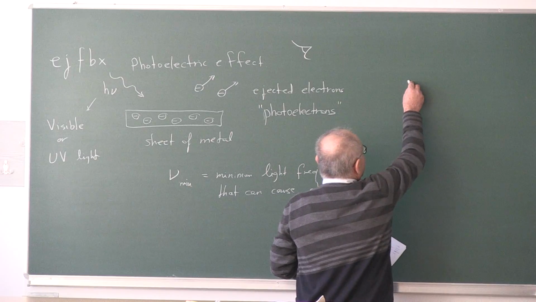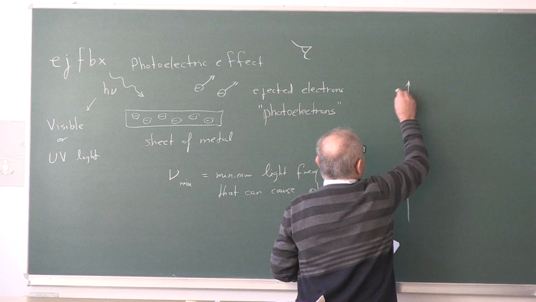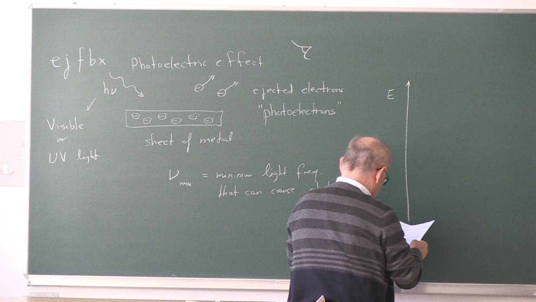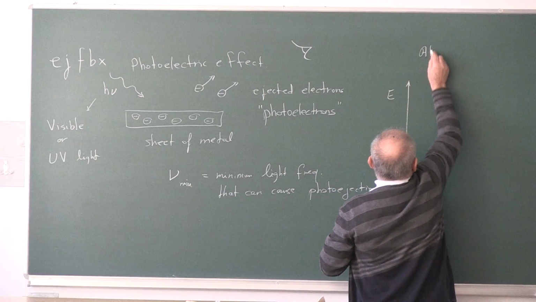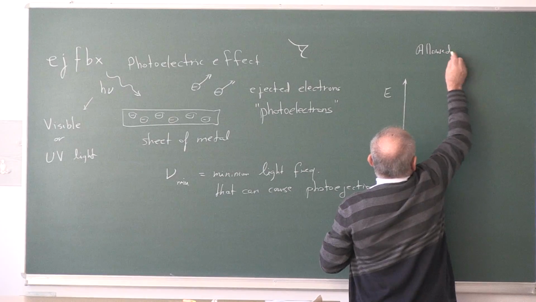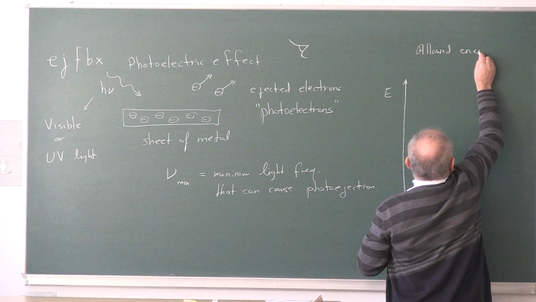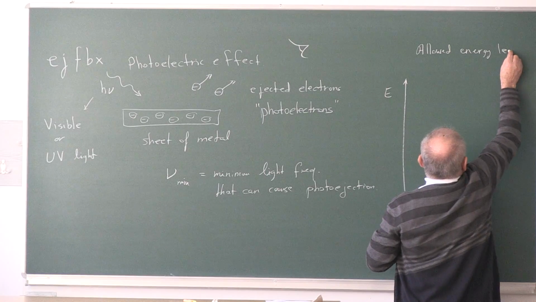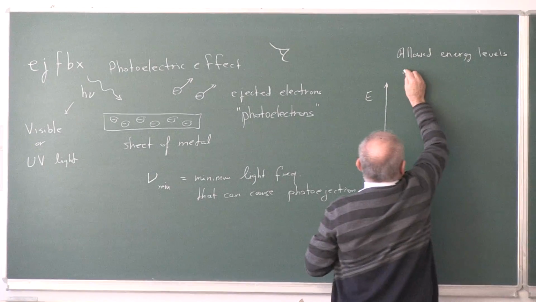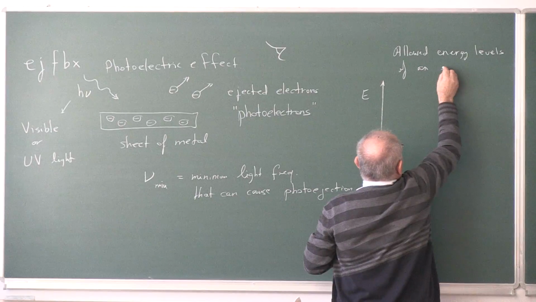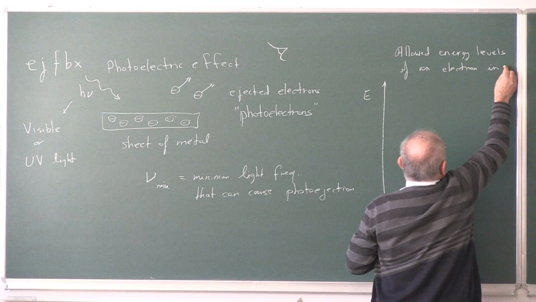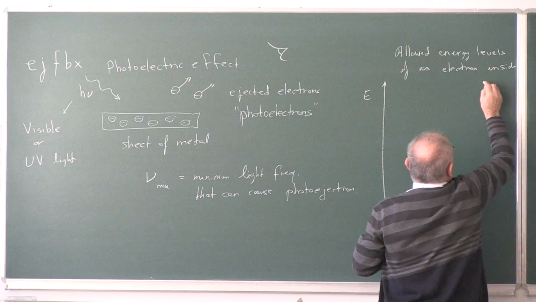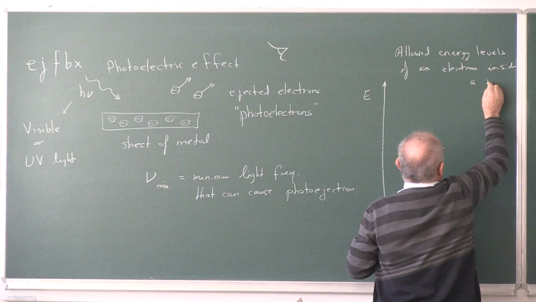So let us show them. These are allowed energy levels of an electron inside a metal.